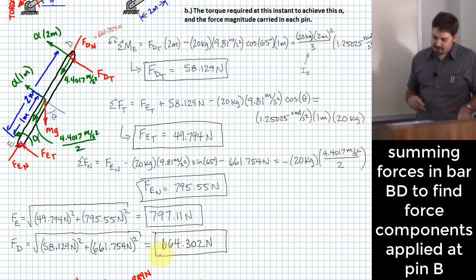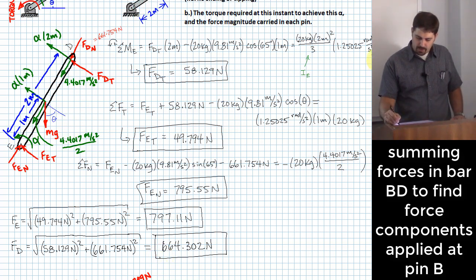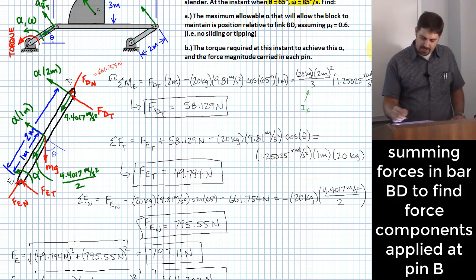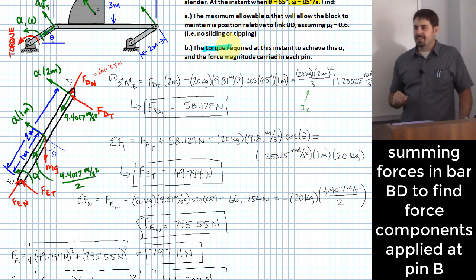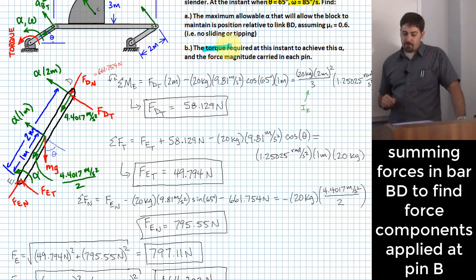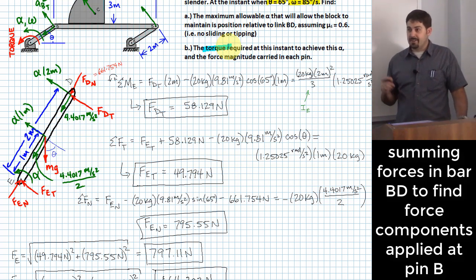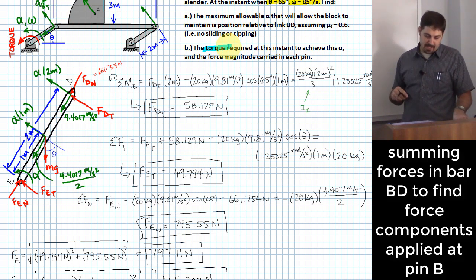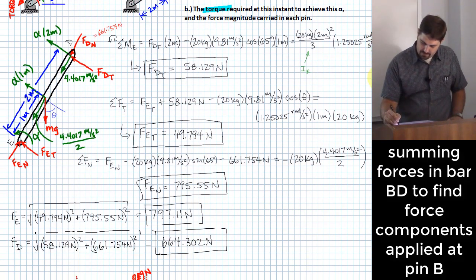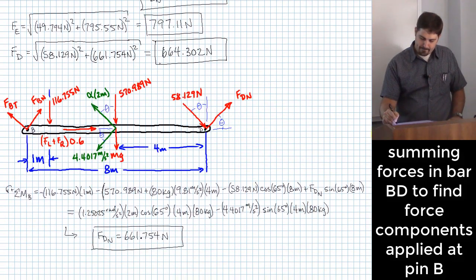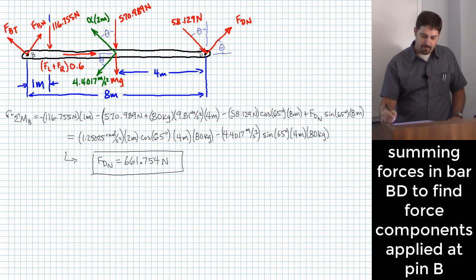All right, well, what's next? What do we lack? We still haven't figured out torque, right? We're trying to figure out this torque value that I have right here. So far, we've come up with the force magnitudes in a couple of the pins, but that's another thing we need is the force magnitudes in pins A and B as well. All right, well, where do I go for that? How about back to this diagram?